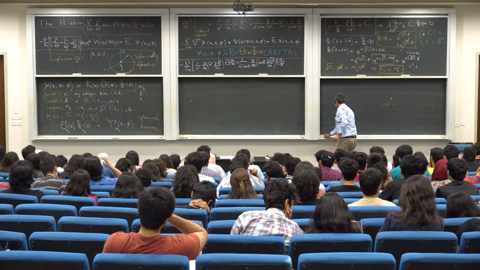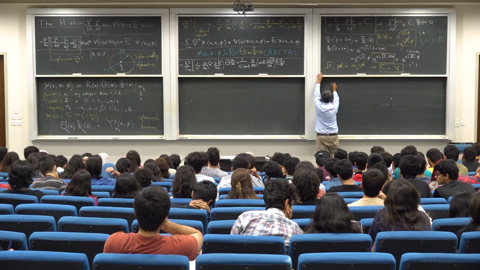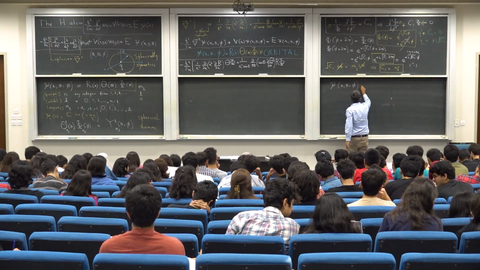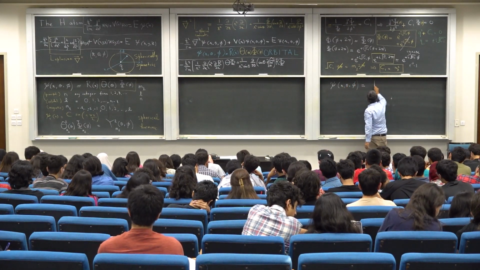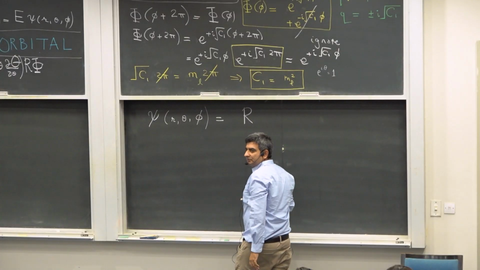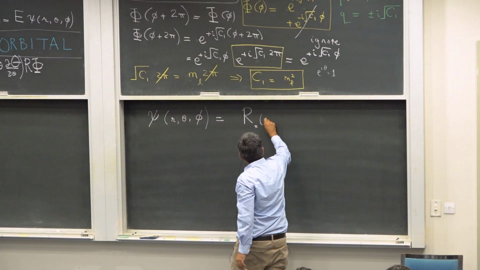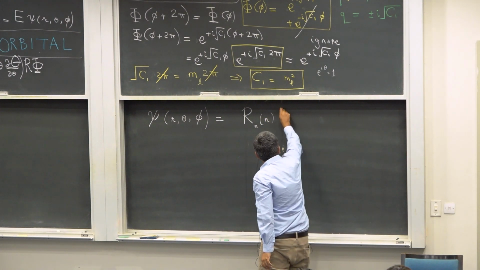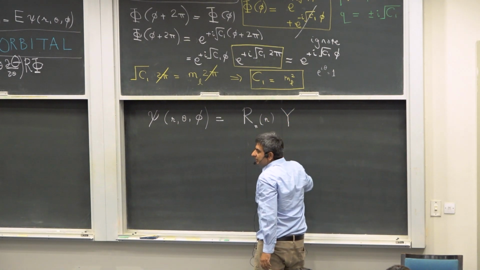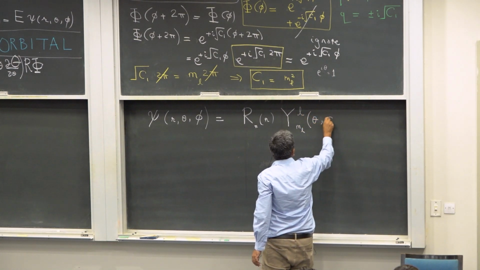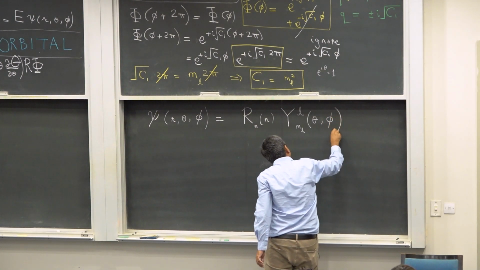So overall, the solution of the Schrodinger equation for a hydrogen atom in a spherically symmetric potential is R, which depends upon N, function of R, multiplied by a spherical harmonic function Y, L, ML, theta, phi.